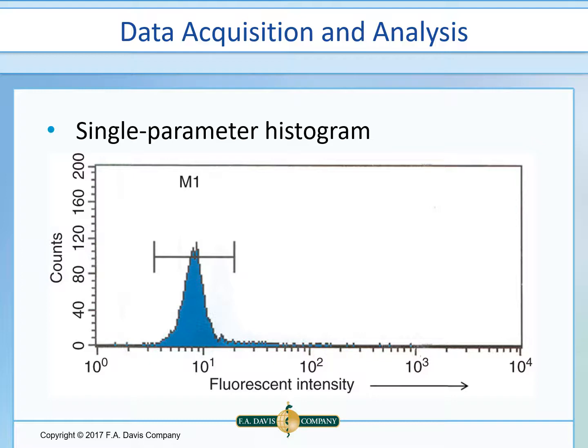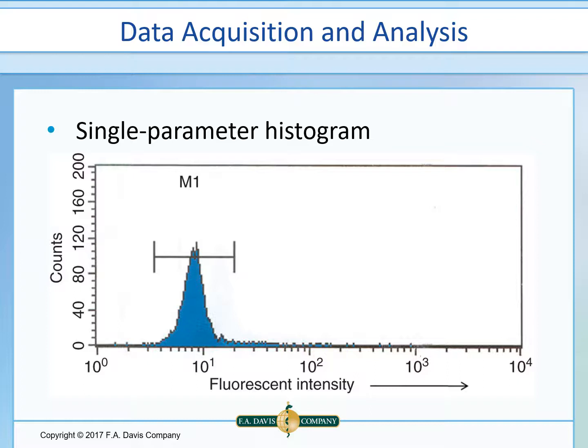of representation is a single parameter histogram, which is depicted in this figure on the slide. The single parameter histogram plots a chosen parameter, which is generally fluorescence, on the x-axis versus the number of events on the y-axis. This is why it's called a single parameter, because that's what's being analyzed in this type of graph.